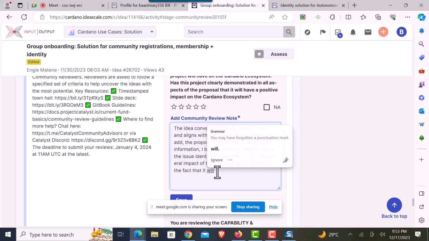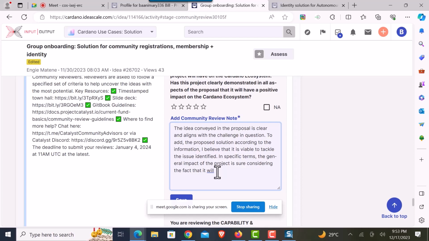Sure, considering the fact that it will make it possible for developers and builders to build on the Cardano blockchain.